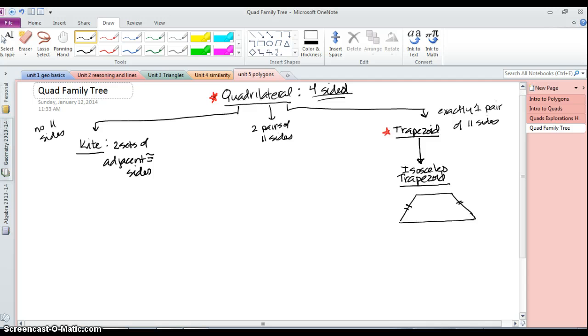Now, the middle section of the quad family tree. This is the part that's a little more complicated. So we have this quad that has two pairs of parallel sides. Well, you should already know that that's a parallelogram, right? And then the parallelogram had two children. And one of them is a rhombus.